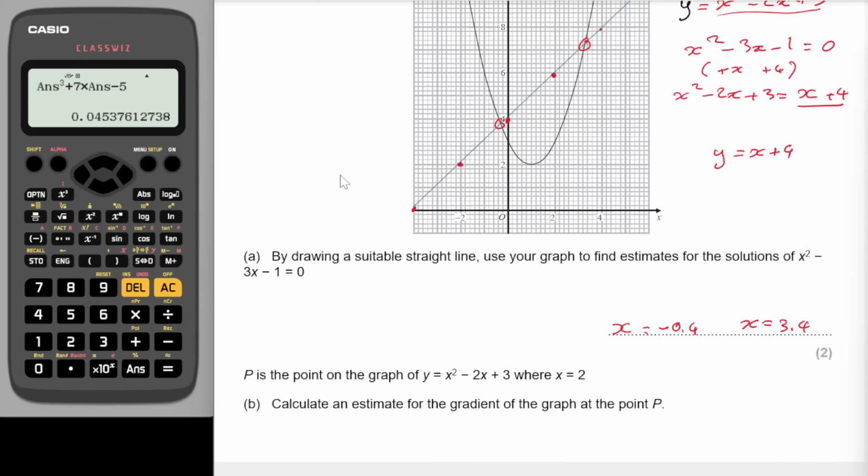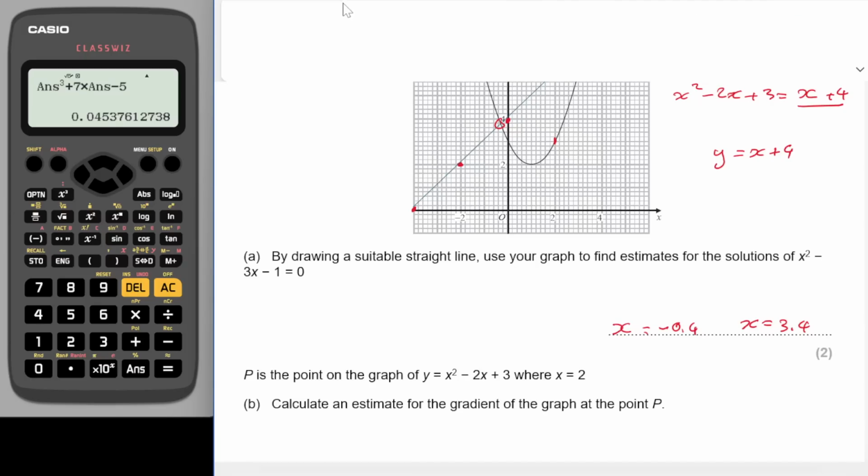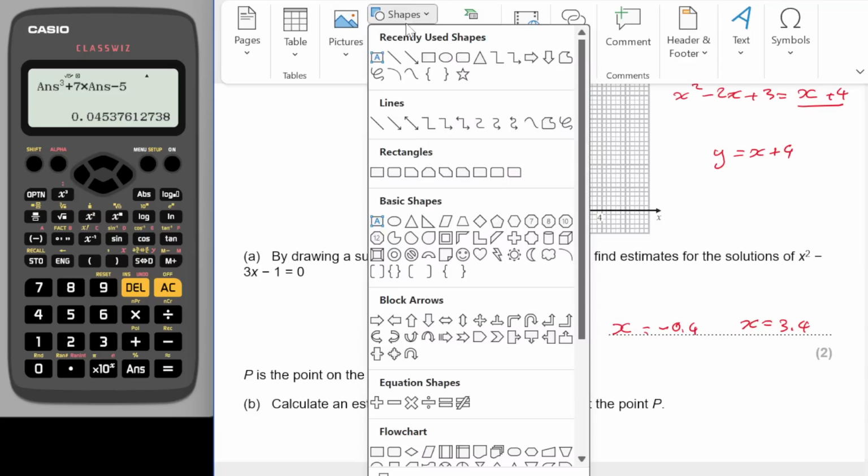P is the point on the graph, y is equal to, where x is equal to 2. So this is again going to be a tangent. Calculate an estimate for the gradient. Right. So want to put a straight line in again.